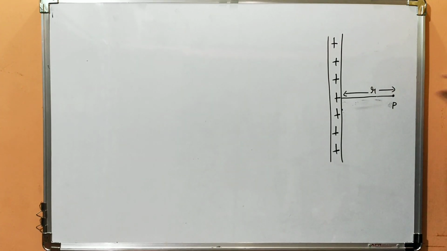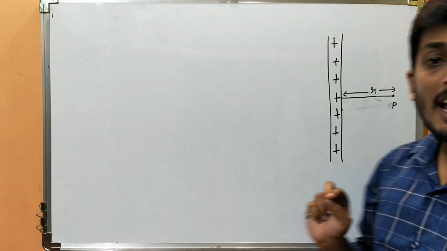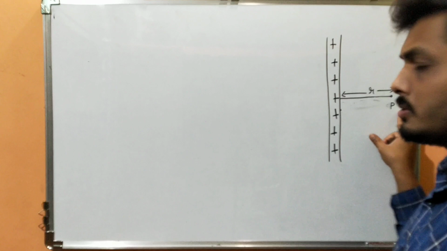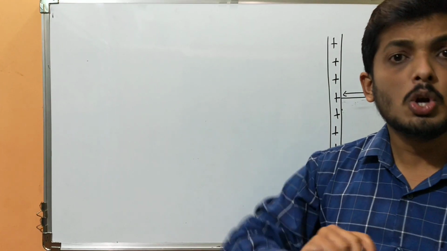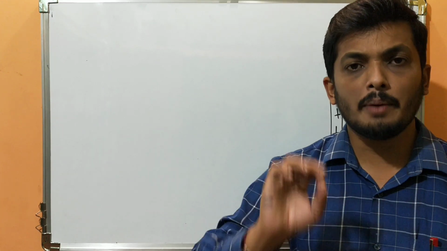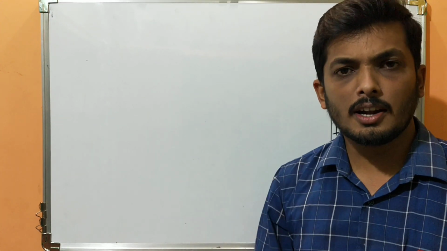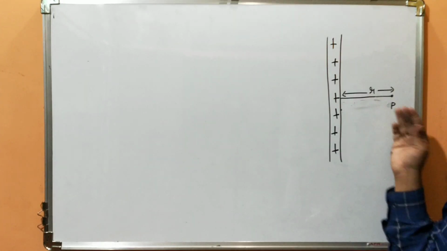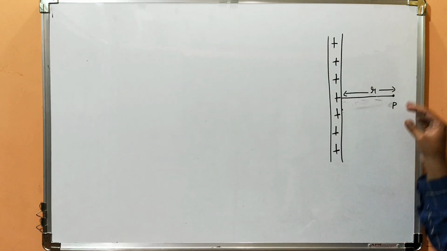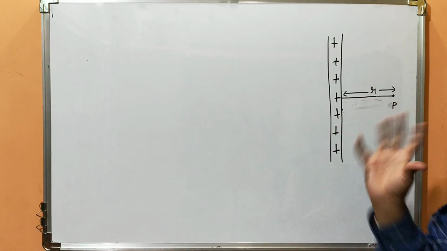Okay. Now look here. Can I apply Gauss law directly here? Can I apply Gauss law and directly get an electric field here? No, not possible, because I made it very clear in the earlier classes that if you need to apply Gauss law, the surface should be a closed surface. But this point P is lying outside the wire, and is not enclosed by any surface.